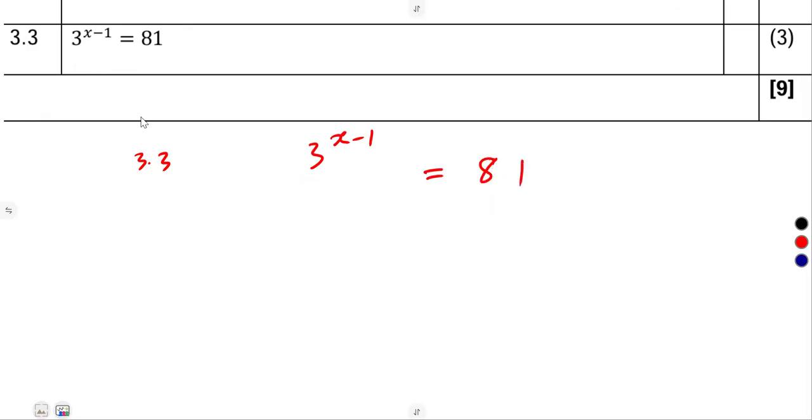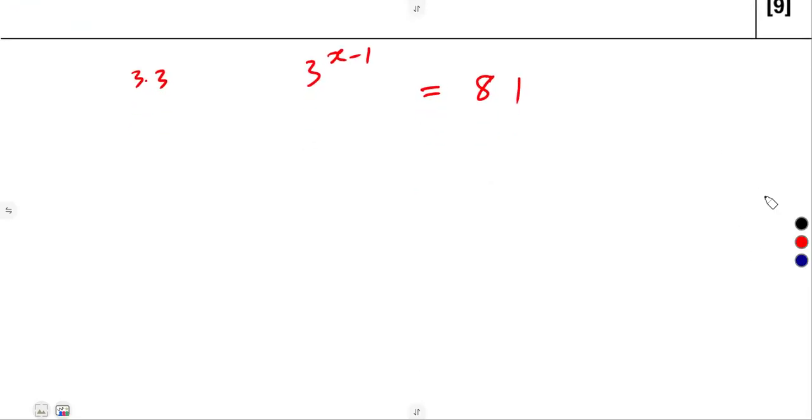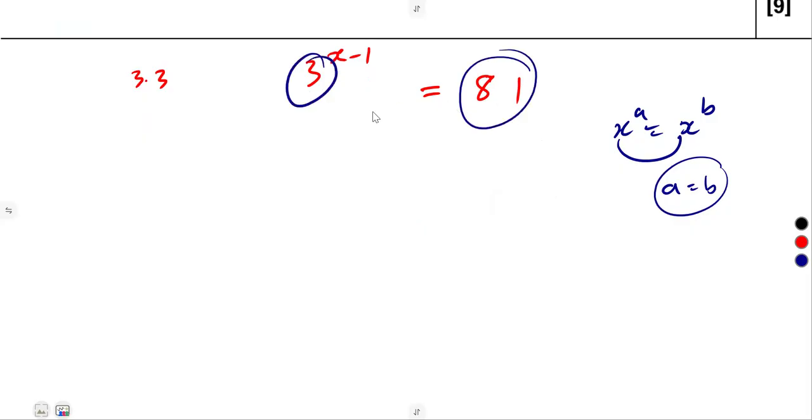All right, so on question 3.3, we are asked again to solve for x on an exponential equation. Remember, if the bases are the same, automatically we can equate the exponents to say a is equal to b because of same bases. So can we write these two numbers in the same base, 3 and 81? Yes, it is possible. 3 is already in simplest form, it's a prime number.